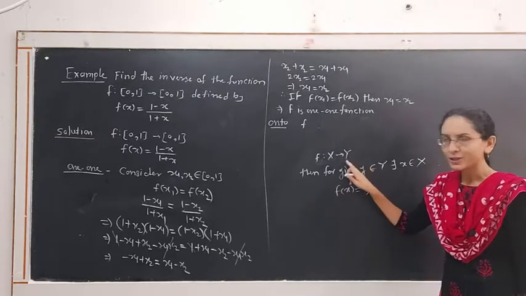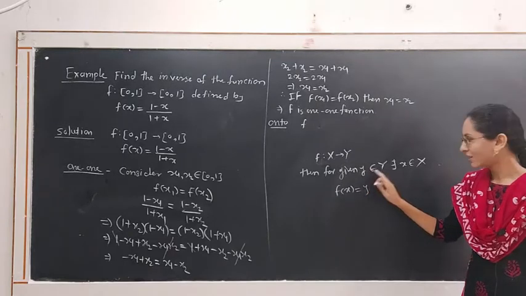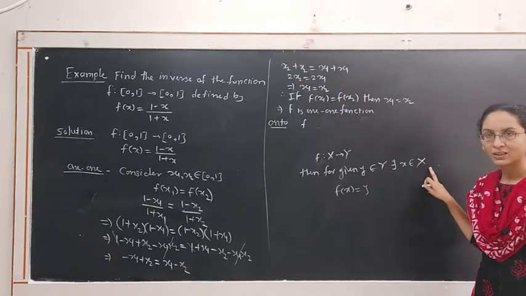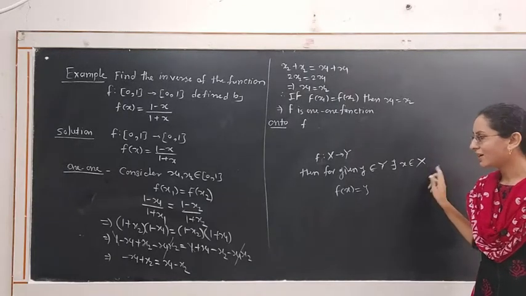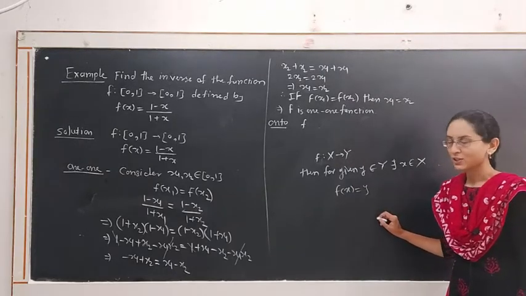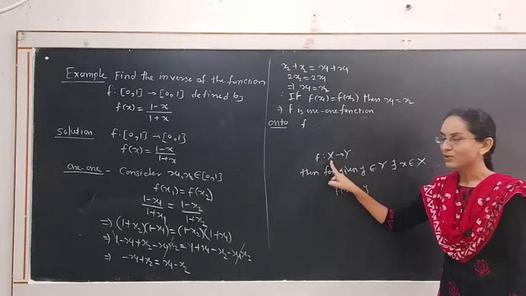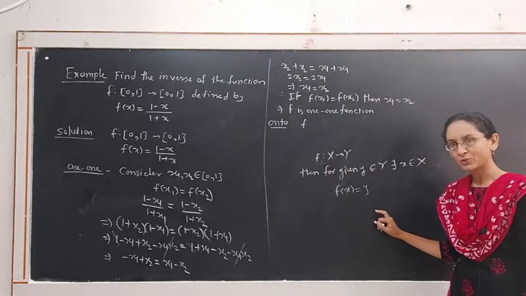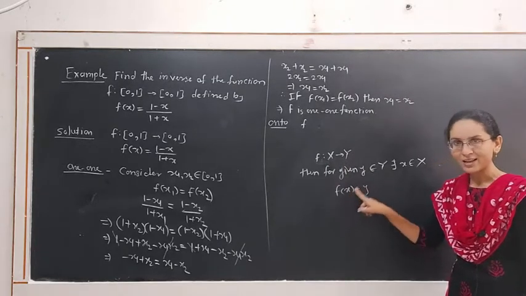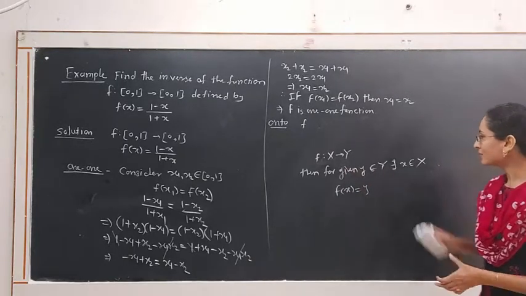If we consider any element of the codomain set, suppose that is y, for each such element there exists a corresponding element small x belonging to capital X, where f of x is equal to y. Then the function will be a bijective function.